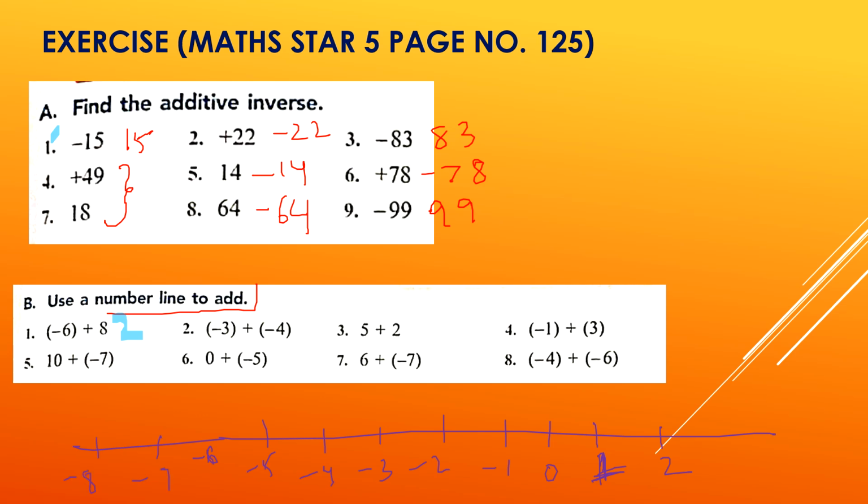So it's saying -3. So you will jump from -3. They are saying 4 units to the left. So let's jump 4 units to the left. 1, 2, 3, 4. So your answer is -7. So this is how you have to do. So let me know if you have faced difficulty in any other question here in this particular set.